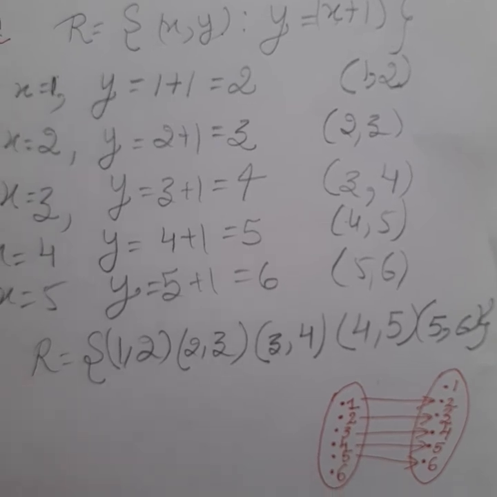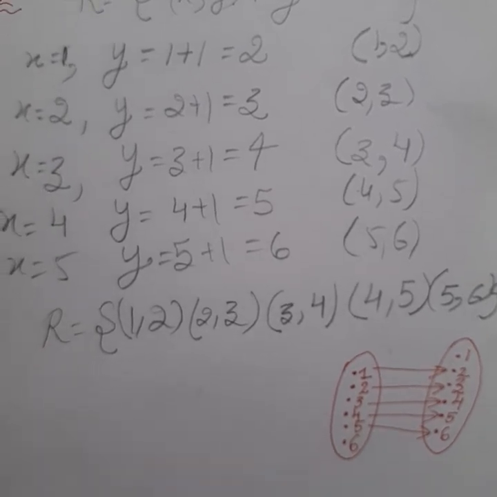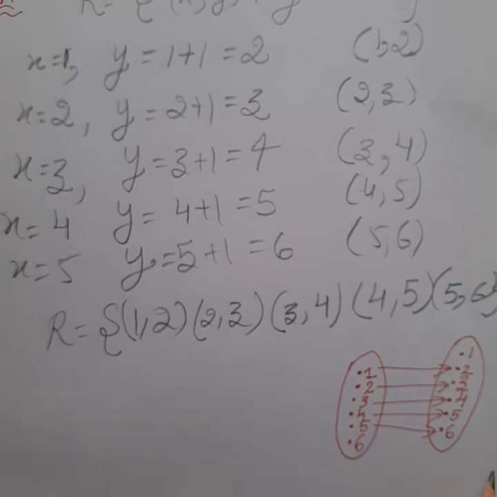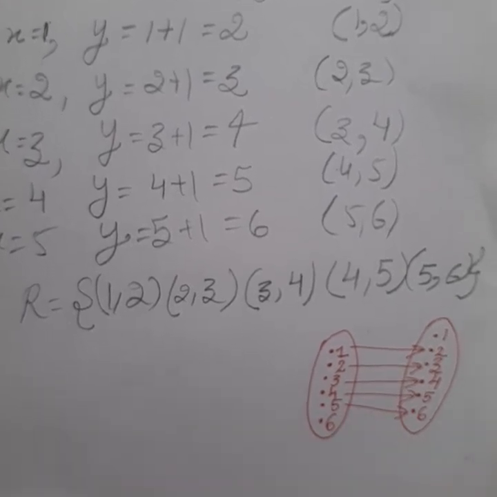Now the question is: what is the arrow representation of this relation? Students, you can write the numbers 1, 2, 3, 4, 5, 6 in the first set and the same numbers in the second set. Now you judge your relations.